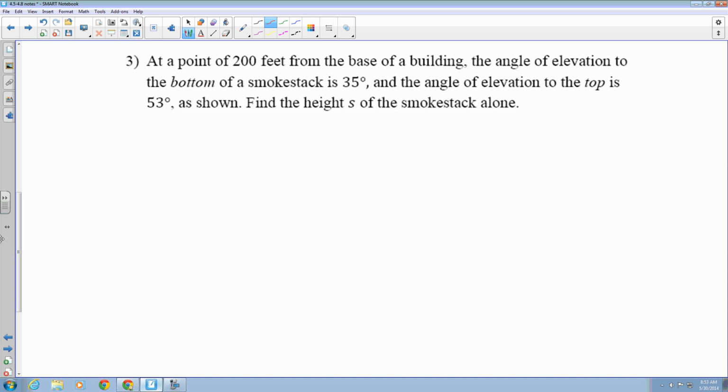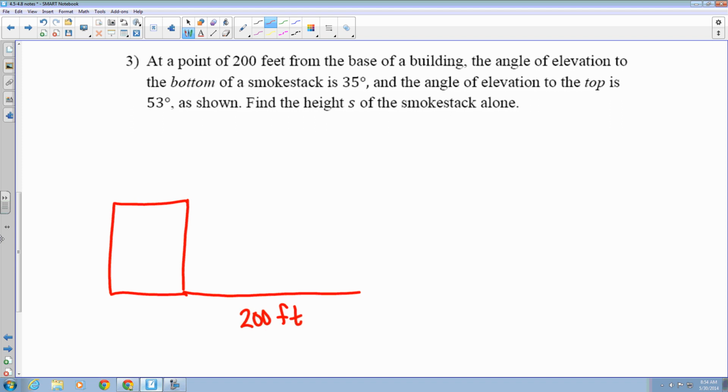Okay, so we have a building, 200 feet from the base of the building. The angle of elevation to the bottom of a smokestack, so we have a smokestack on top of this building here, is 35 degrees.